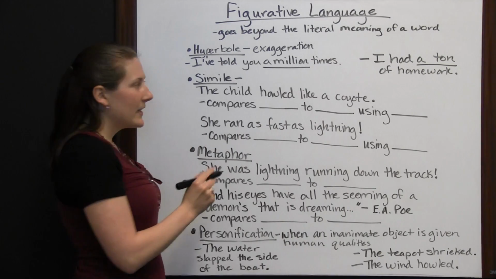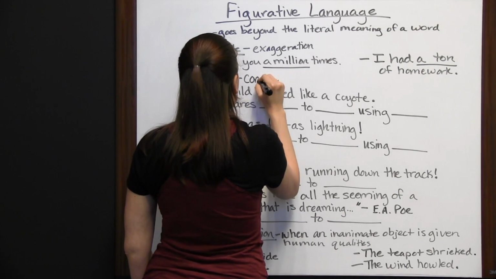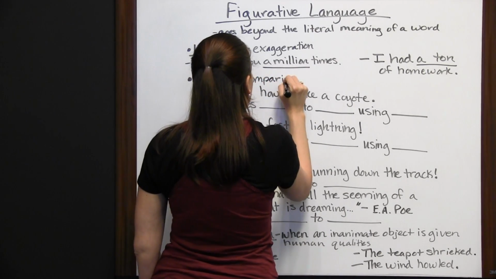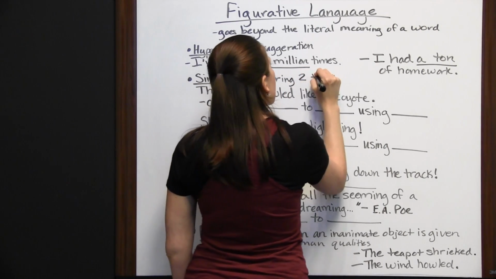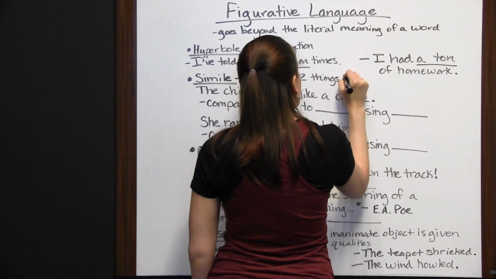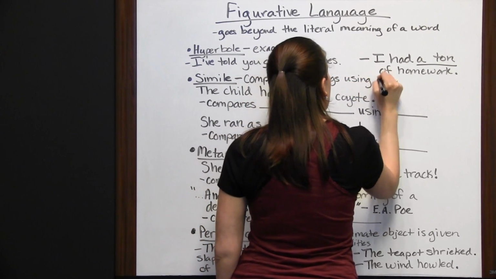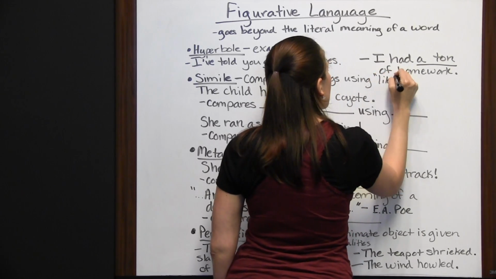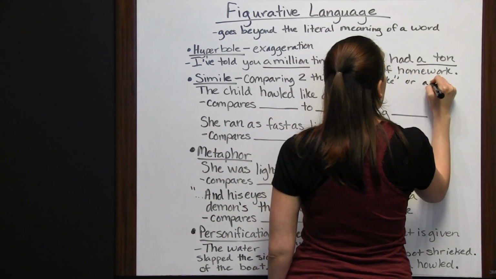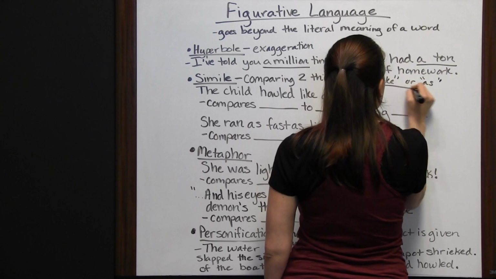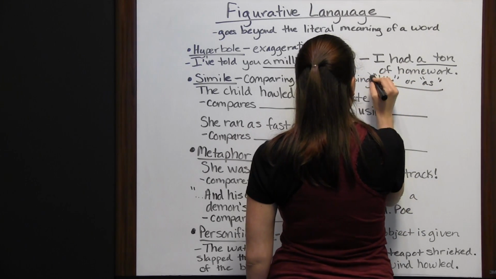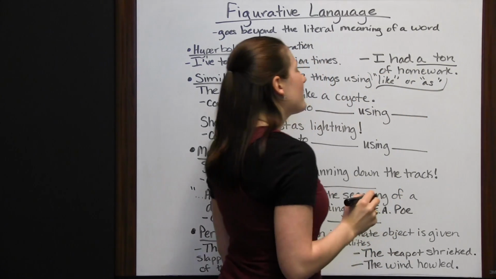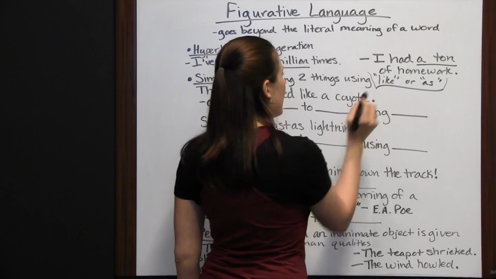Next we've got simile, which is comparing two things using like or as. And this is very important. You have to use those words like or as, or it's not going to be a simile anymore.